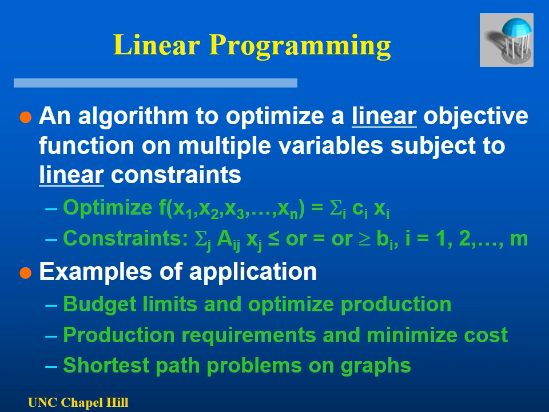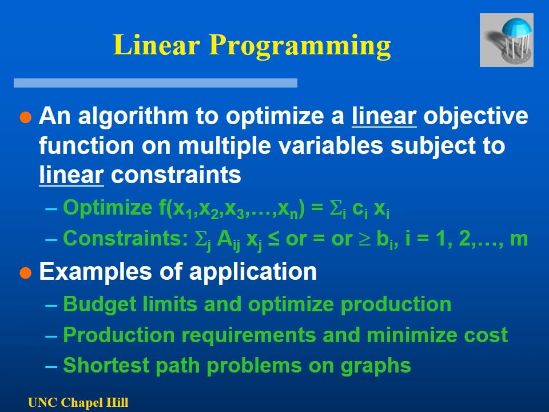There are lots of examples of problems that have these linear objective functions and linear constraints. We want to optimize production. Production is a linear combination of the amounts of each manufactured item that we will produce.